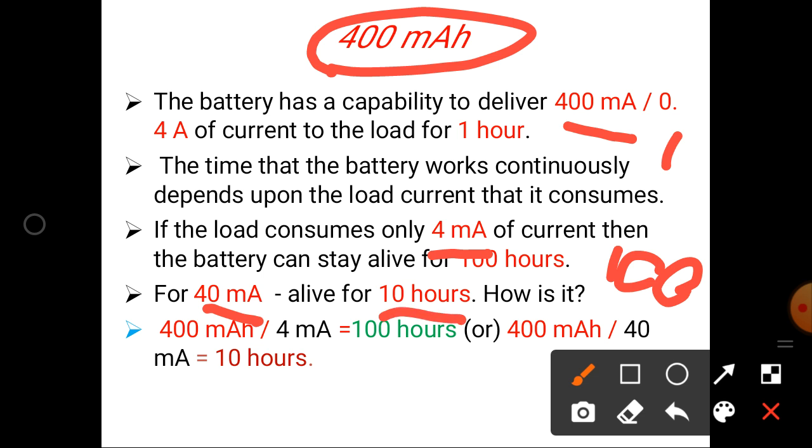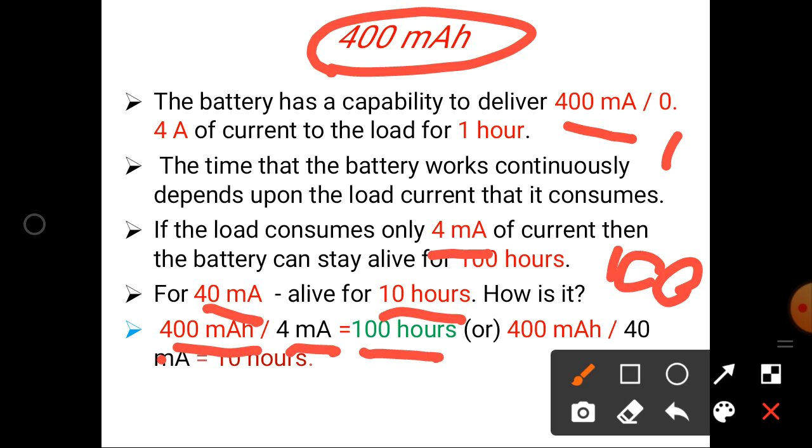How are we calculating this? The milliampere hour is the power rating of the particular battery, divided by the load current. We can get the number of hours that the battery will stay alive and continuously supply current to the particular load.